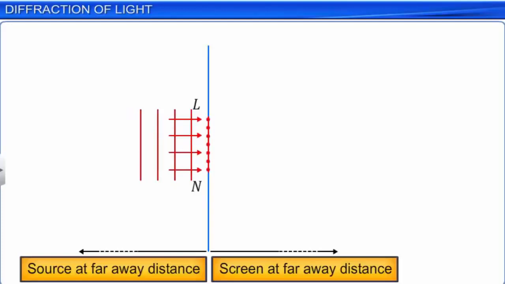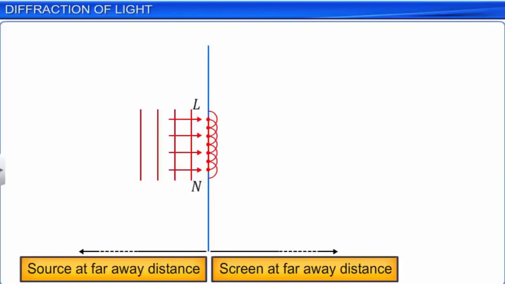When a plane wavefront is incident on the slit, all the points of the plane wavefront are in phase. According to Huygens' principle, every point on the wavefront acts as a source of secondary wavelets that spread out in all directions with a speed equal to the speed of propagation of the wave. Consequently, we find so many microscopic point sources of light between L and N, which produce secondary wavelets.